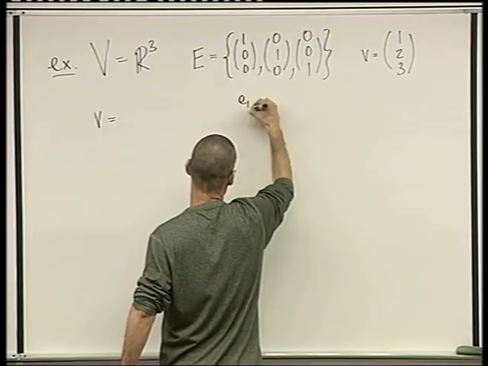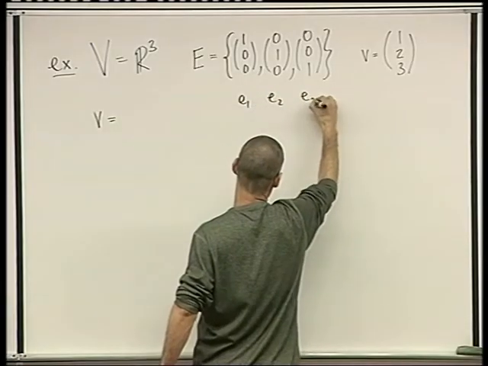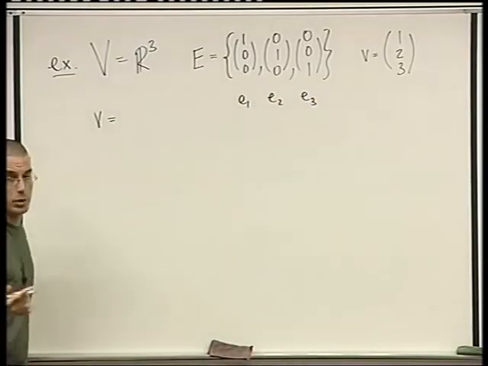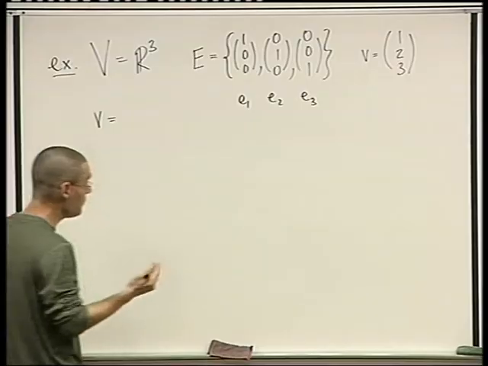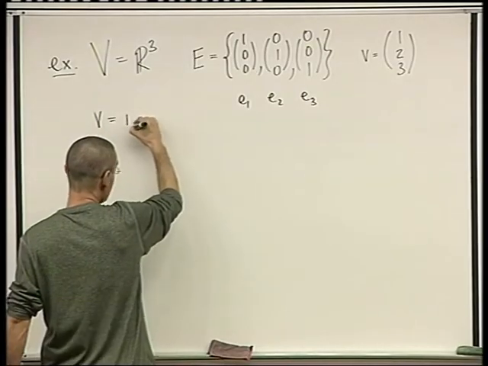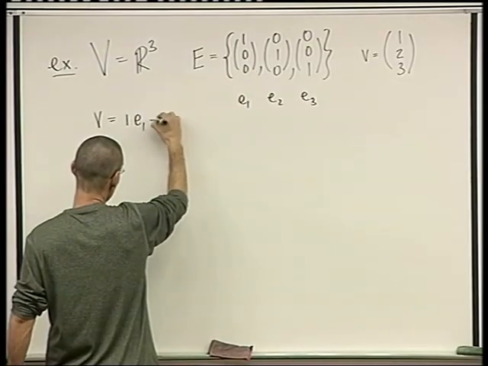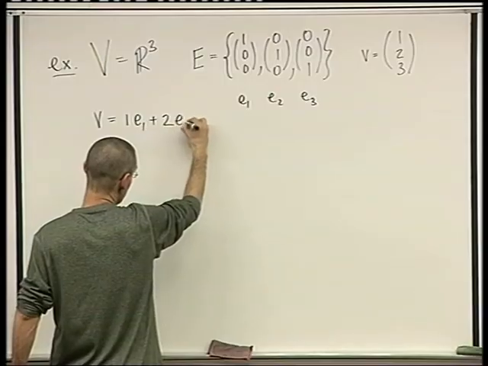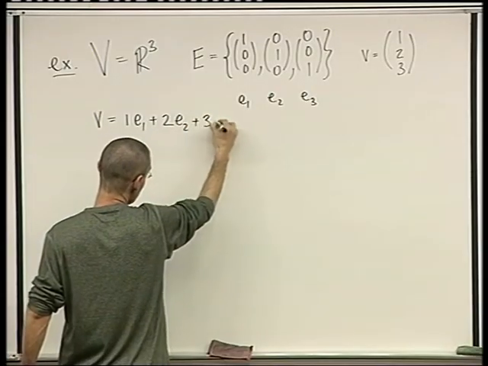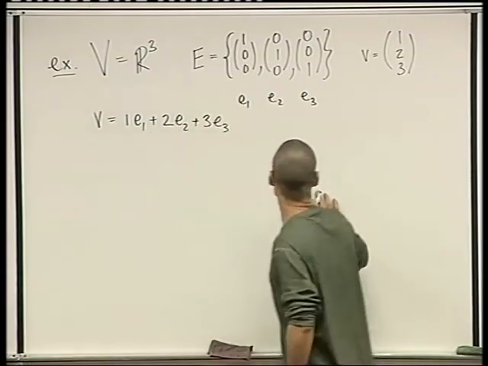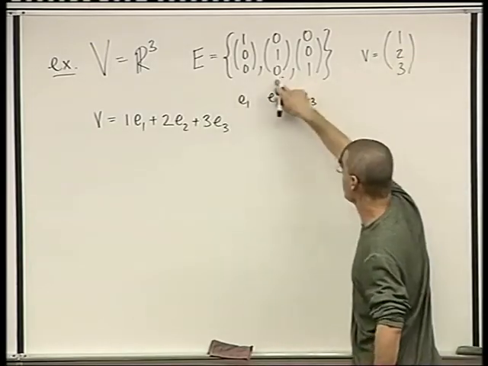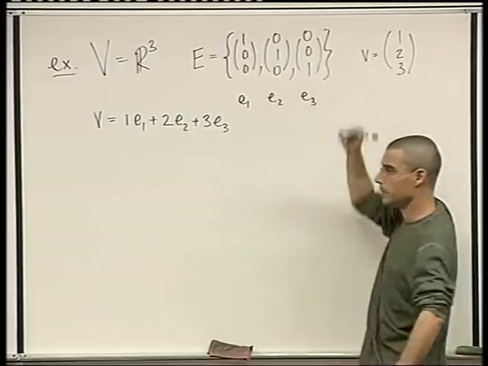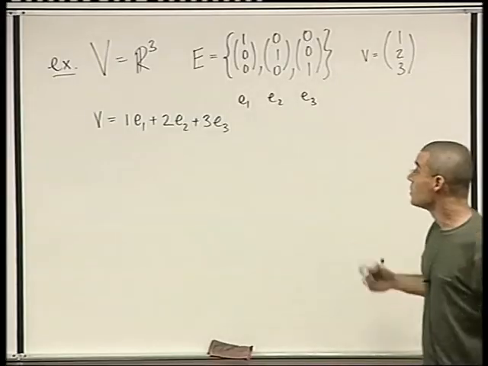This is rather standard notation for the standard basis, so I'm going to use that. So v is 1 times E1 plus 2 times E2 plus 3 times E3. Do you agree? 1 times this plus 2 times this plus 3 times this. Do you agree?